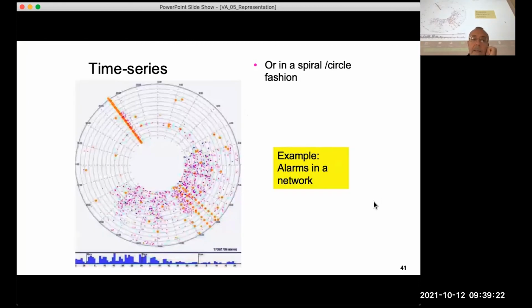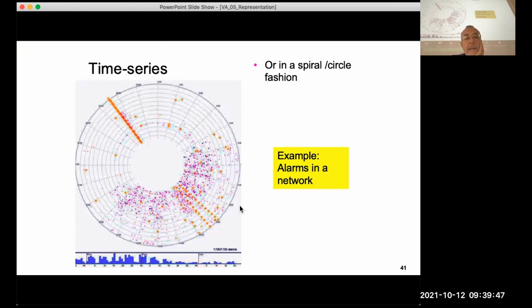And maybe this is another example. This comes from a work of Enrico Bertini, an old PhD student of mine that we still share slides between us. He's teaching InfoVis in New York at this moment. This is about the traffic on a network along a day.